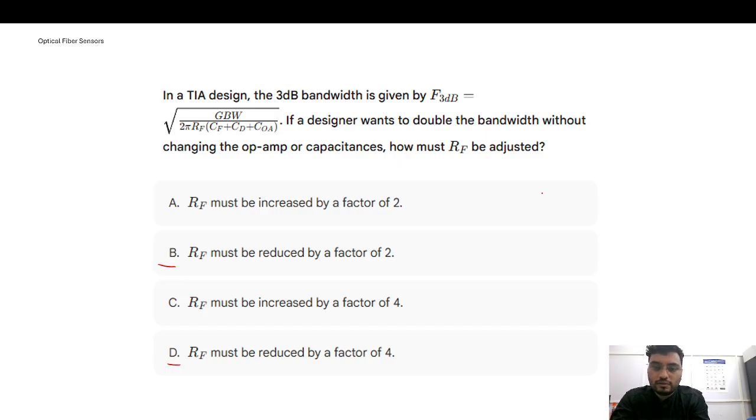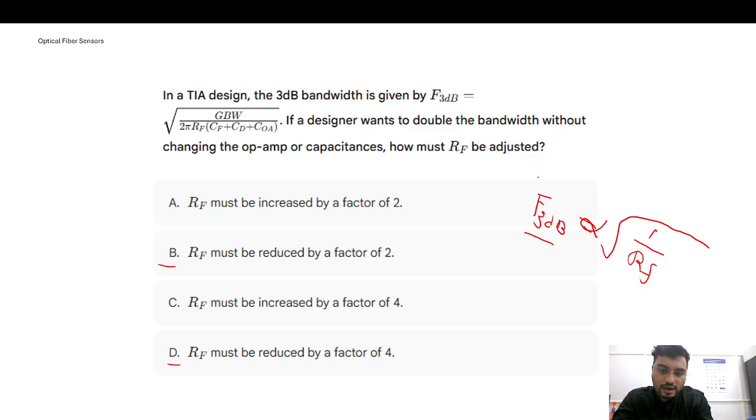Now, F3 dB is equal to, whatever it is, I am just writing, proportional to the square root of 1 by RF. You want to increase its bandwidth to 2 times. This side also 2 you need to take.